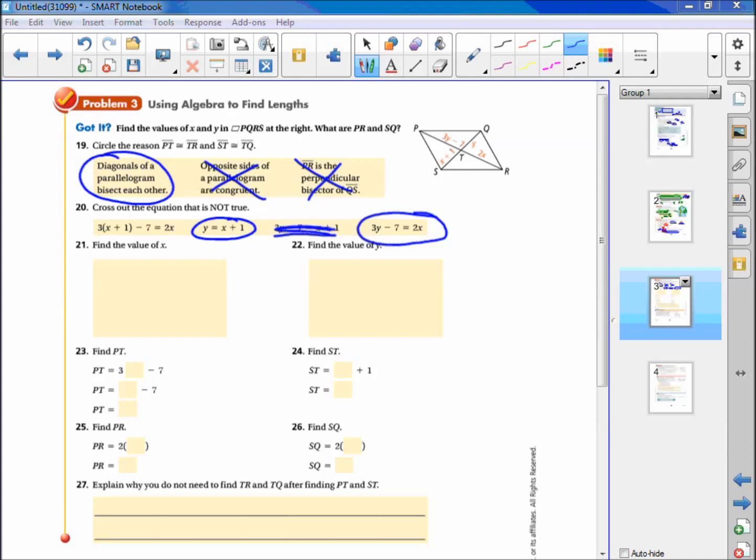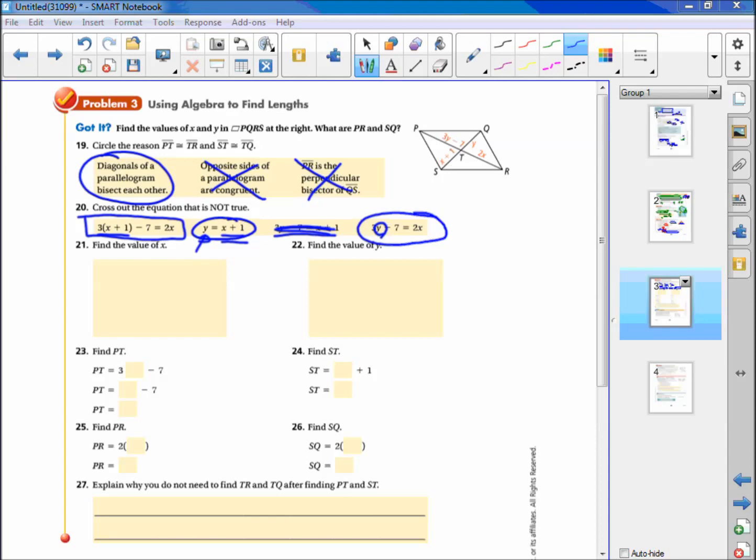If you take a look at the two that we've already circled, in this one here we have y solved for, and the value of y is x plus 1. And if you look at this equation, which is also good, all they did was replace the y in that equation with x plus 1. So it says the same thing: 3 times x plus 1 in place of the y, minus 7 equals 2x.